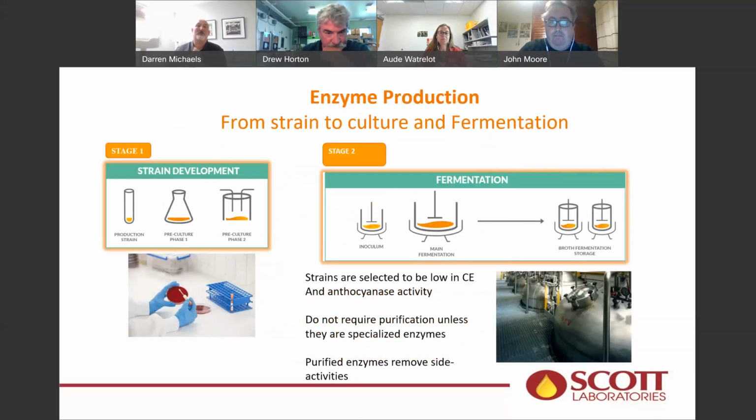How do we make enzymes? Well, it's not much different from how we make a lot of other industrial fermentations, mainly driven by strain development. If you have a good enzyme producer, the manufacturer will select its strain, and that strain will be effective in making no acetylmalesterase, and it'll be effective in the enzyme activities you want.